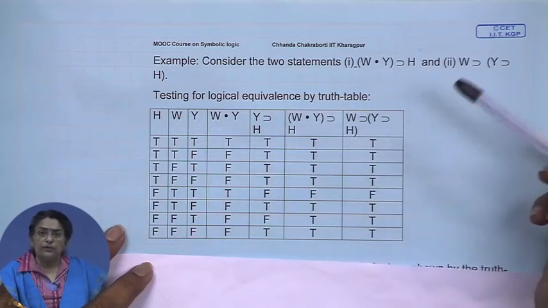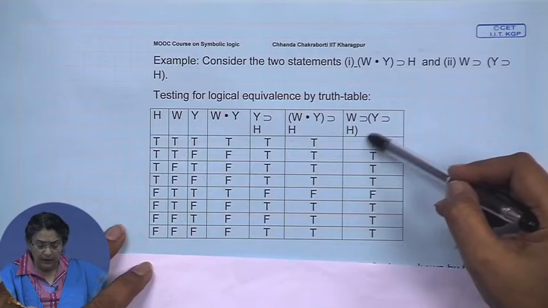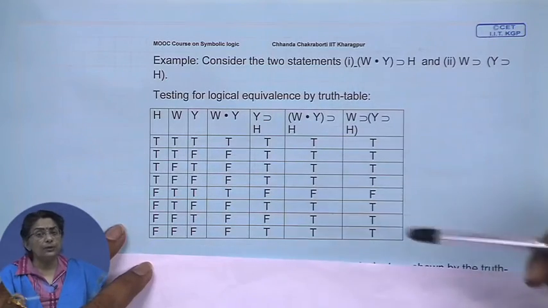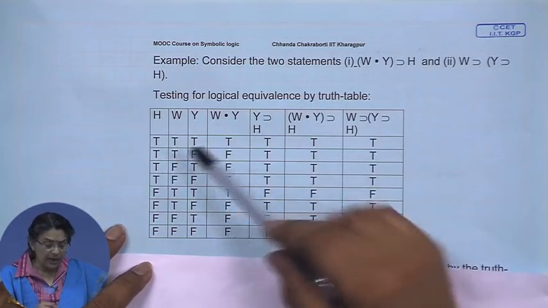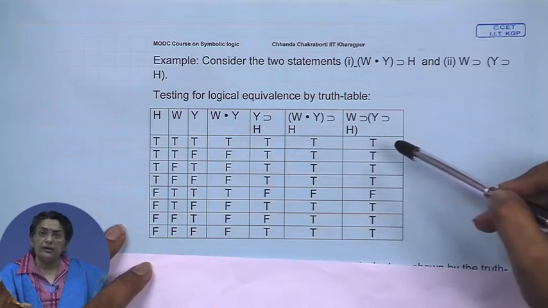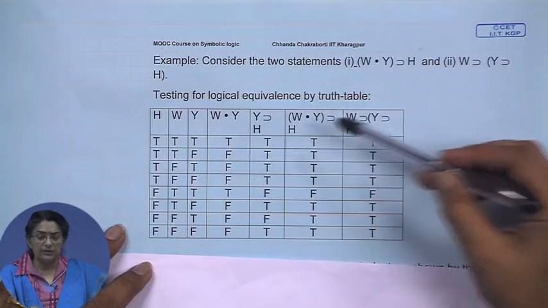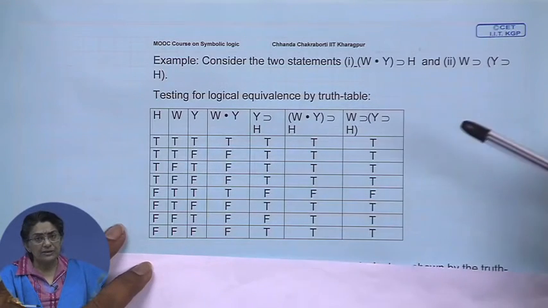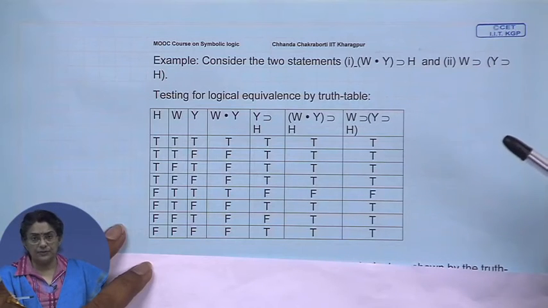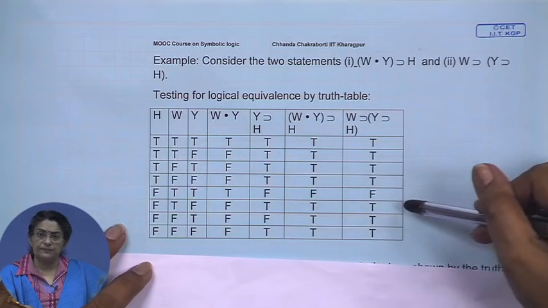Now, what are we looking at? We are specifically interested in this column and this column. What are we looking for? Under the same truth value assignments, whether there is even one case when the truth values under this and this do not match. We are looking for a difference in truth values. Okay.